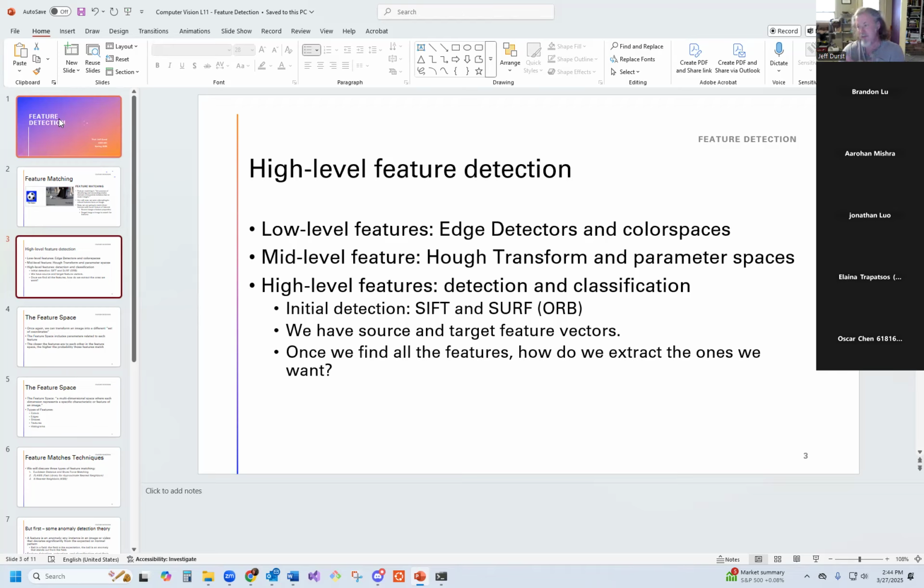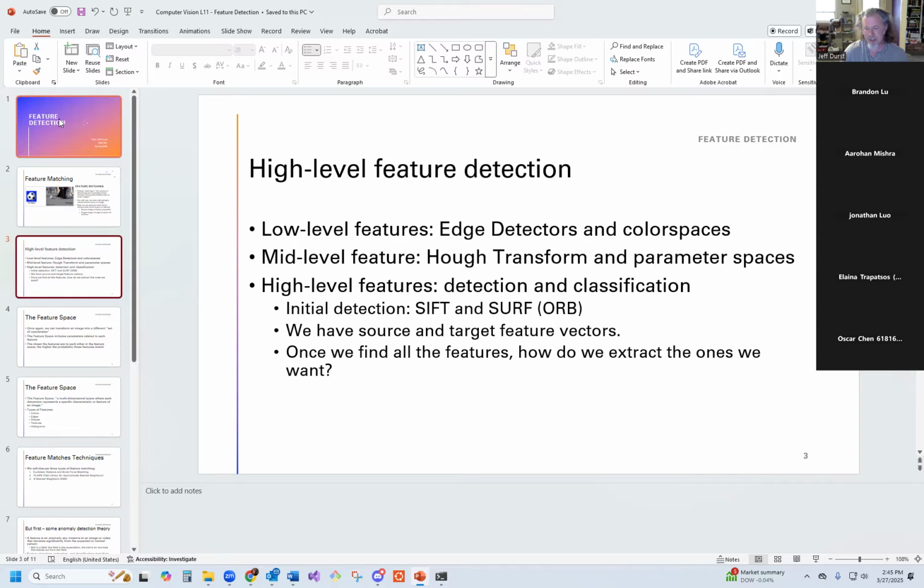For our mid-level features, which is what we discussed through the end of the last unit, was this idea of a parameter space. And in particular, we talked about the hue transform a lot. And this idea was we're now not looking directly at the information inside the pixel. We are looking at information derived from the information inside the pixel.